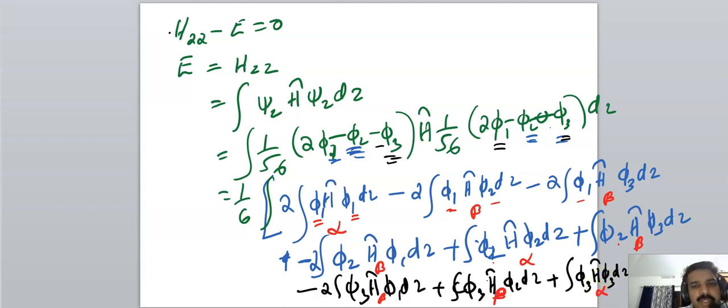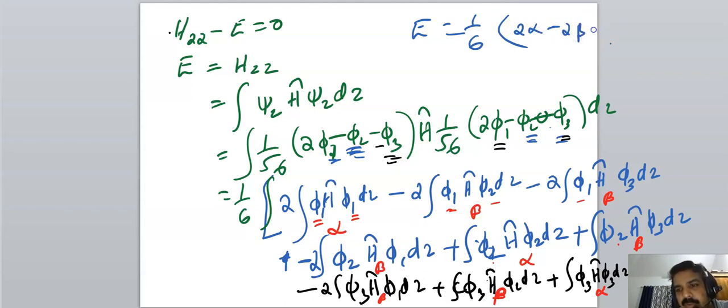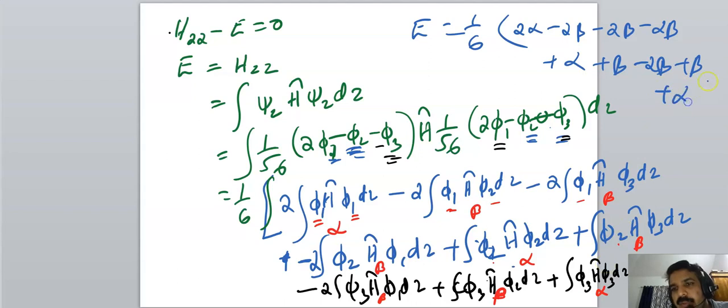Therefore, we can reduce, that is E is equal to 1 by 6 into 2 into alpha here, 2 alpha, again minus 2 beta, again minus 2 beta, next again minus 2 beta, this one, n plus alpha, and this one plus beta, again minus 2 beta, again plus beta, plus alpha.